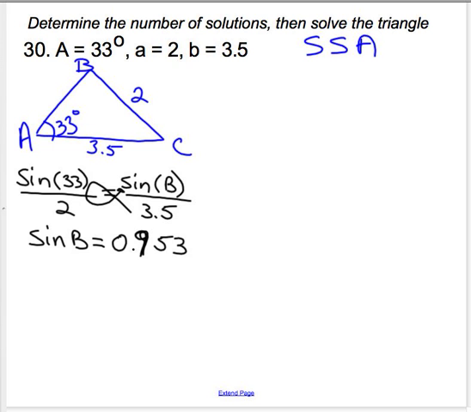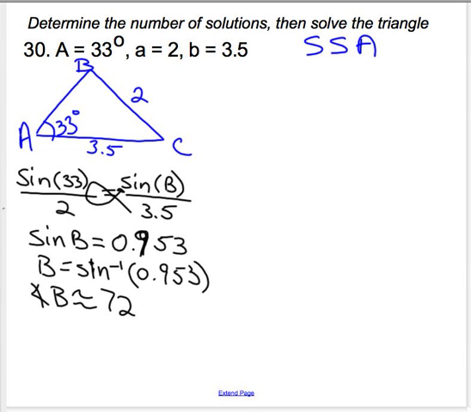I need angle B, so I'll use the inverse. To find angle B on my calculator, I'll type in the inverse of that decimal that's on my screen. And I'll get angle B to be about 72 degrees.